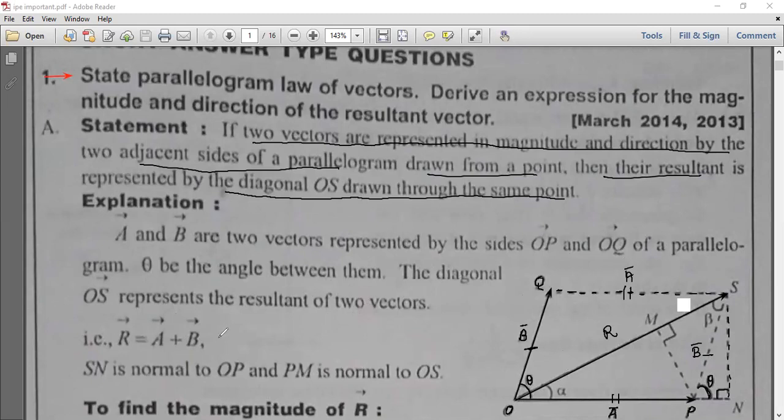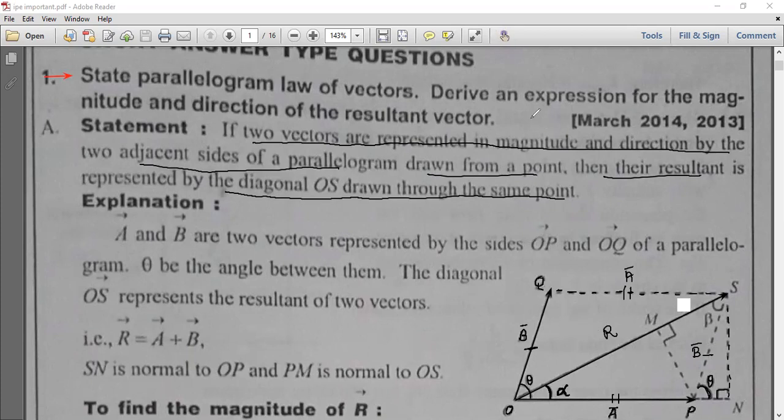Understood till here? And the angle between this resultant and this A bar is alpha. Clear? Okay, diagram you understood. Till here you understood everything.